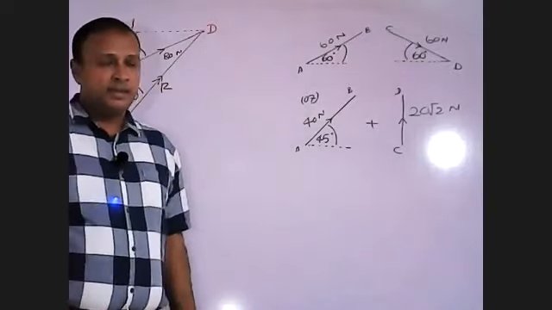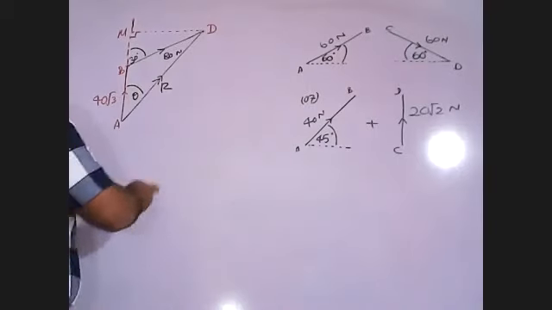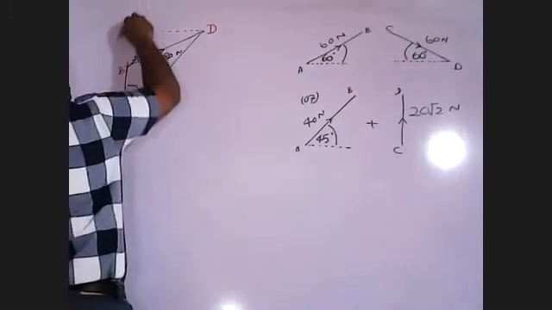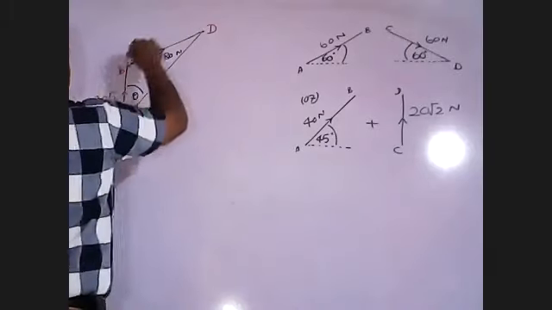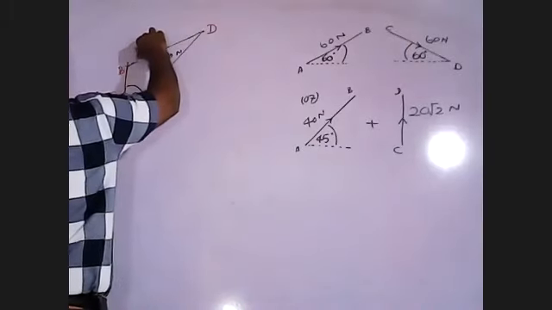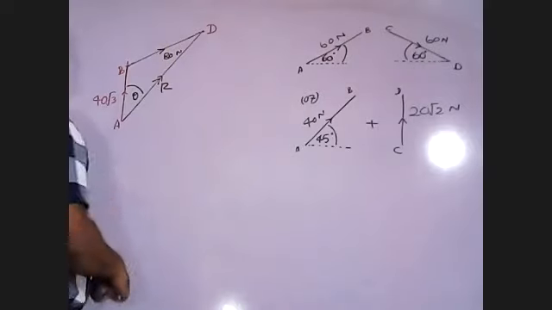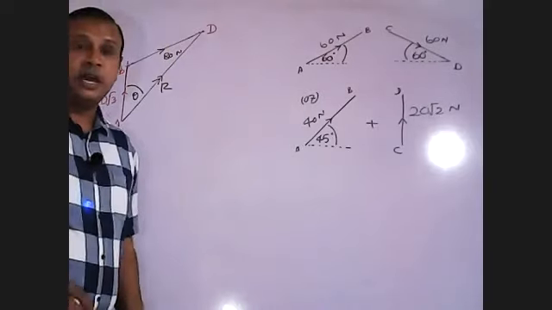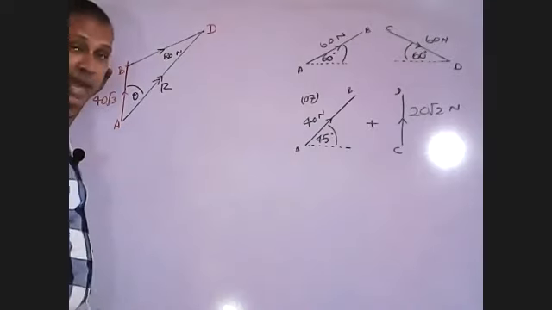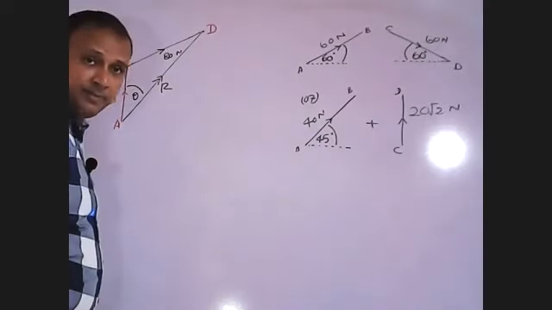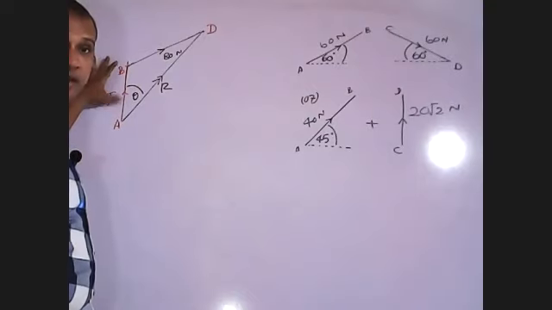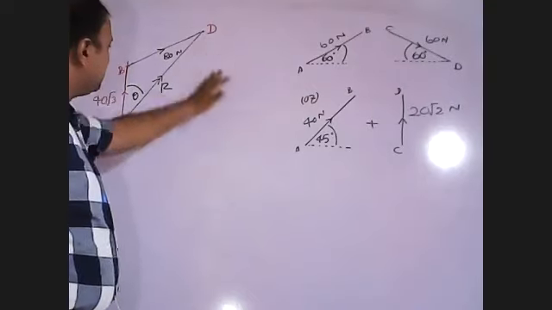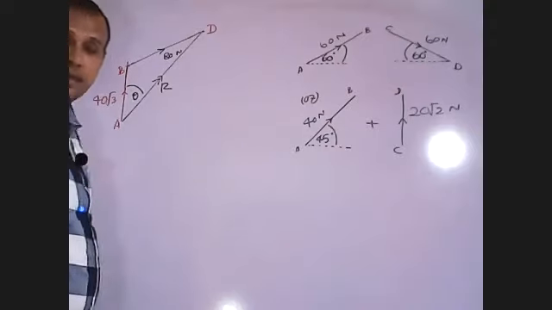What is my assumption? Look at this. This is the actual triangle. When you are adding AB and BD, this is your output.